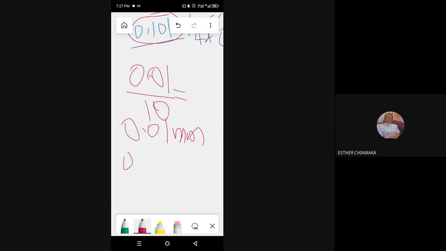So 0.001 cm is in how many decimal places? 3. You see that? So that is the reading accuracy of the micrometer screw gauge. Is that taken? Yes, sir.